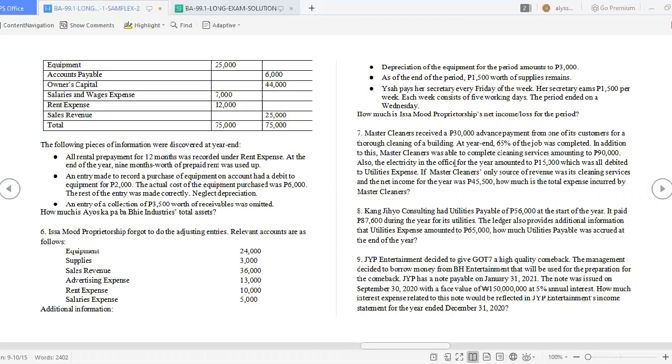At the end of the year, electricity amounted to 15,000, which is debited to utilities expense. So the only source of revenue is the cleaning service. The net income is 45,500. So the question here is, how much is the total expense incurred by Master Cleaners?